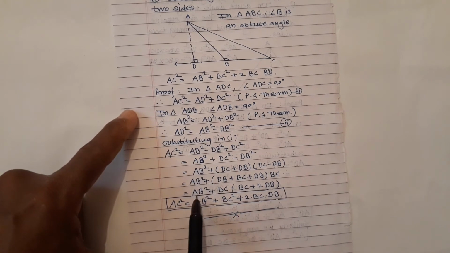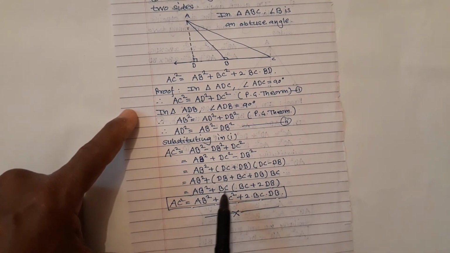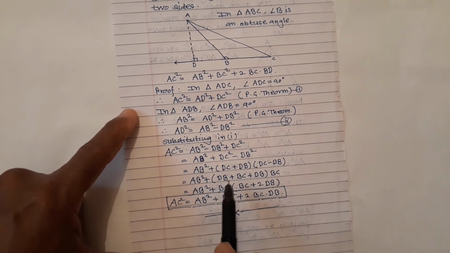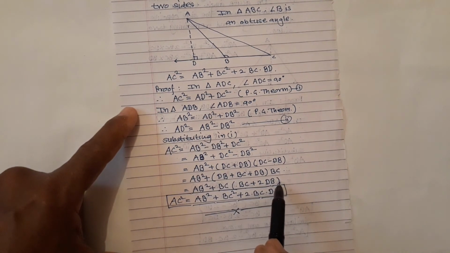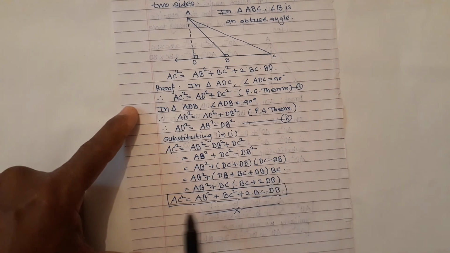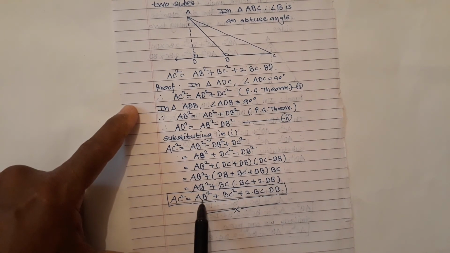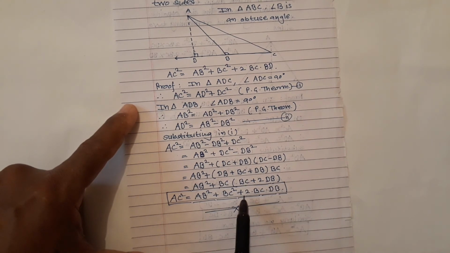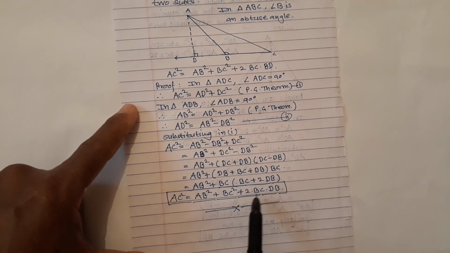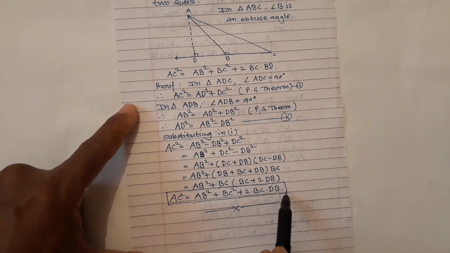AC square is equal to AB square plus this BC write down, and this bracket you simplify, these two you add, so BC plus 2DB, and then open this bracket. AC square is equal to AB square plus this into this BC square plus this into this 2BC into DB.